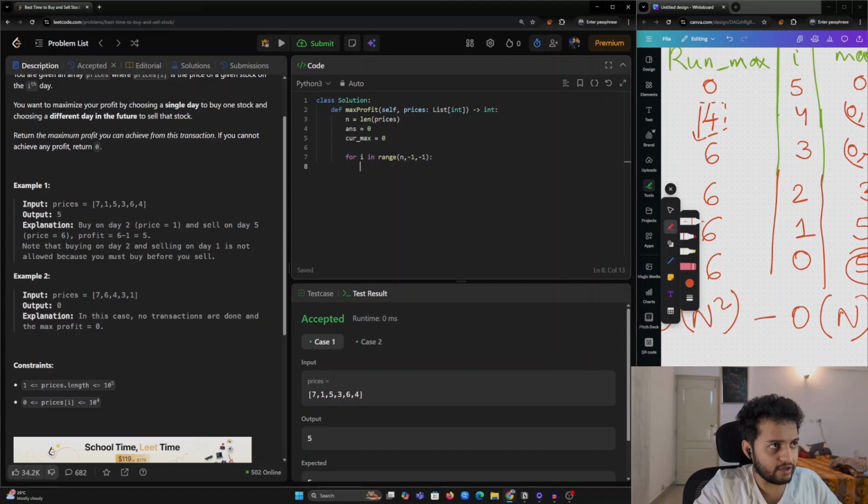So now we need to calculate the answer. Let's also maintain the current profit we have. So the current profit is current max minus the current price. And then my answer will be max of answer, current profit.